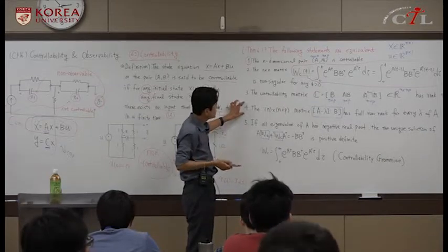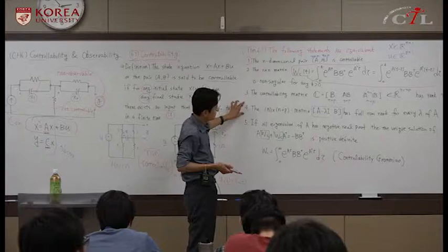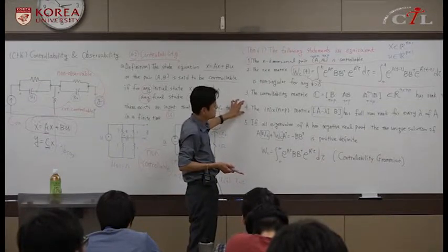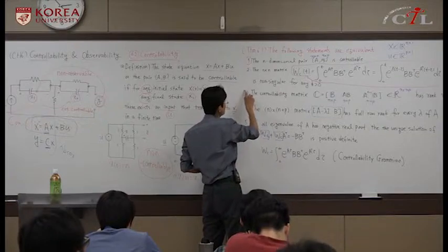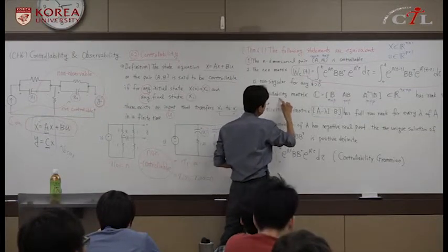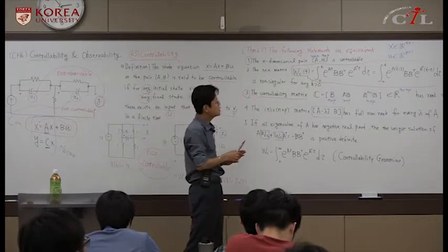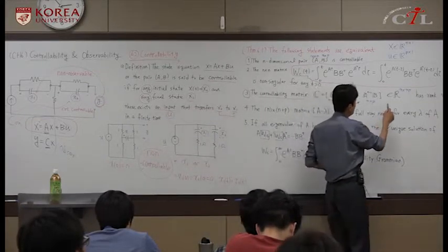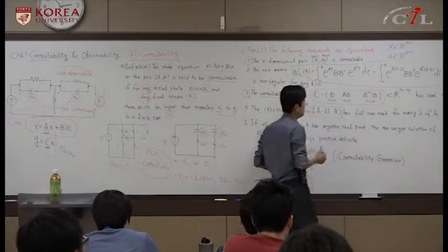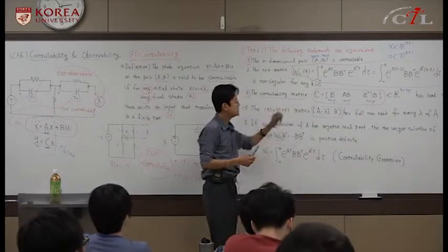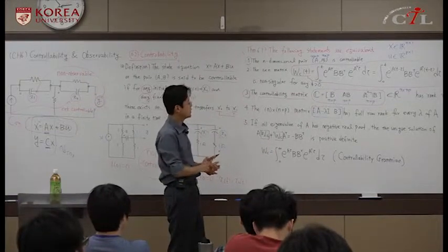And checking all the eigenvalues is also a lot of calculation. So the simple way is checking the controllability matrix. Given A and B, you can constitute an n by np matrix C, and by checking the rank, you can see whether the system is controllable or not.